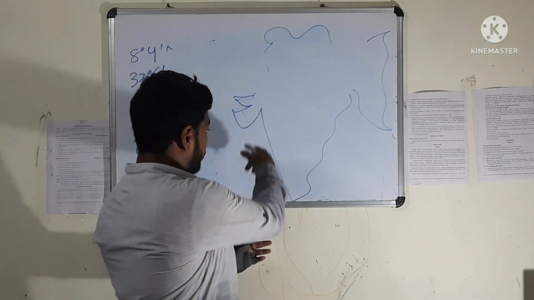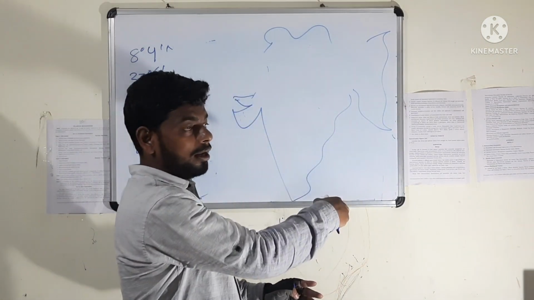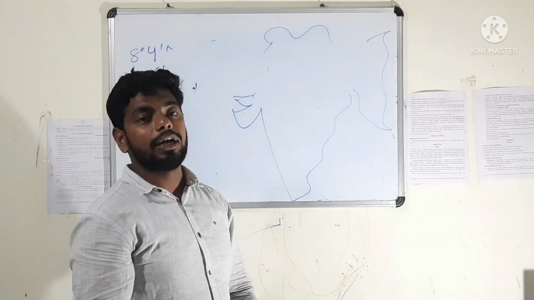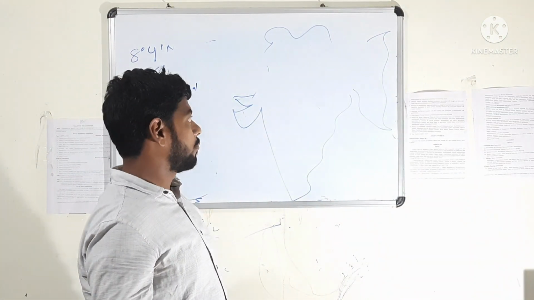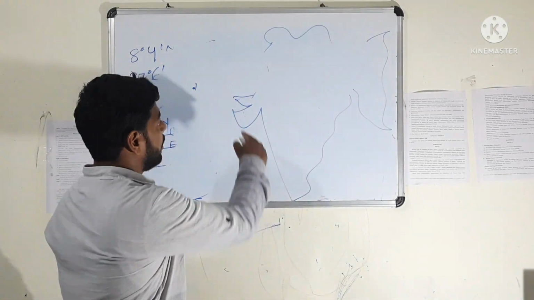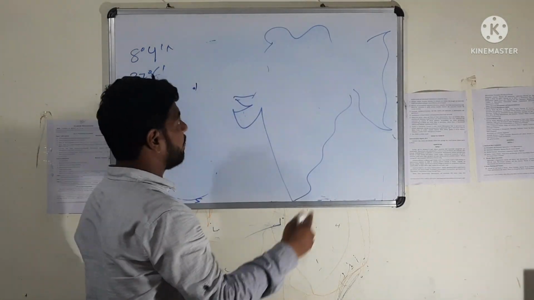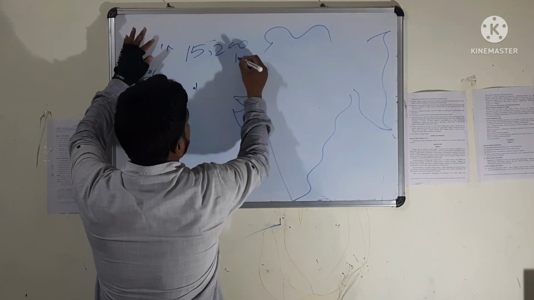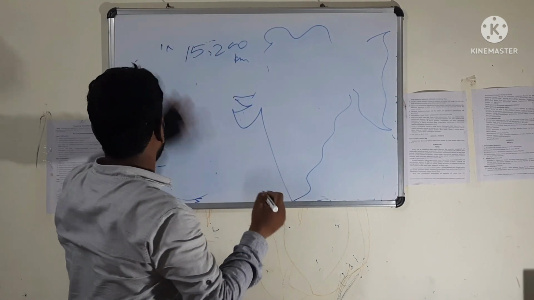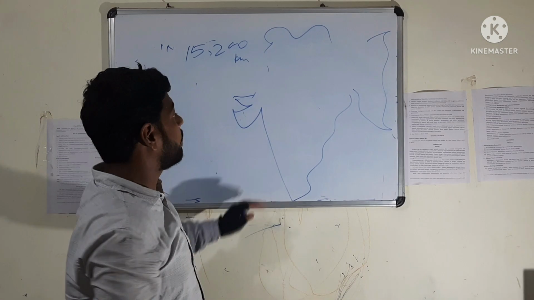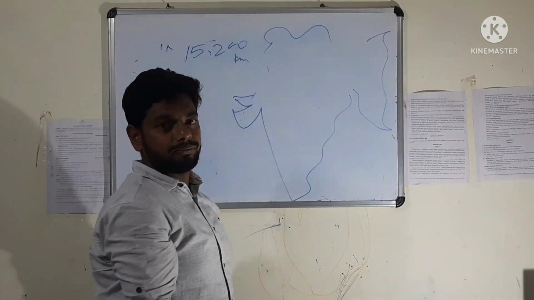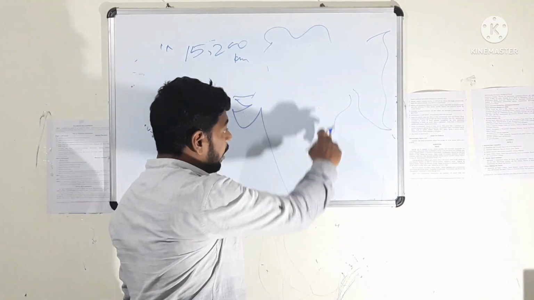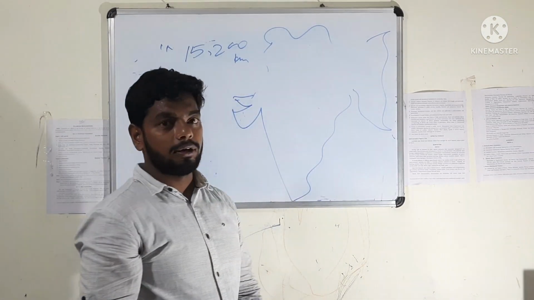So in this way, the three sides are covered with water, and that is why India is called the Indian Peninsula. As I told a little bit earlier, the land frontier, how much is it? 15,200 kilometers, guys, right? And India also has a vast coastline.